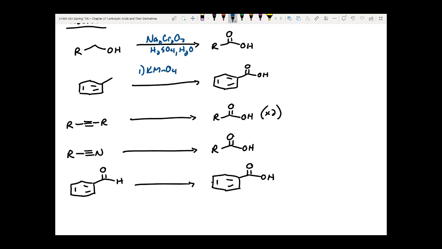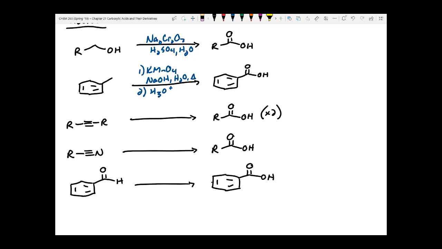Usually, every chemist I know would pick the potassium permanganate because it's a lot easier and less harmful to carry out. So it's KMnO4, sodium hydroxide, water, and heat. And then we need to ensure that the final proton's put on. So this is usually followed by some sort of acidic workup to ensure that we're not left with the salt at the end. All right.